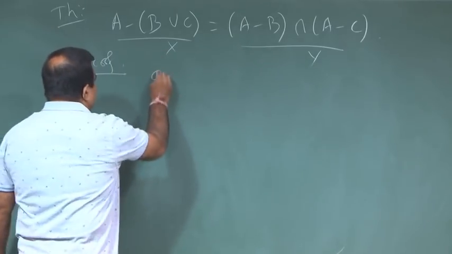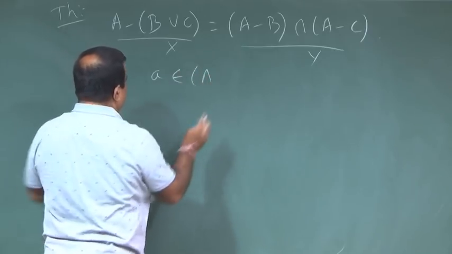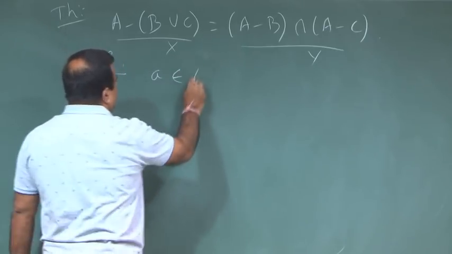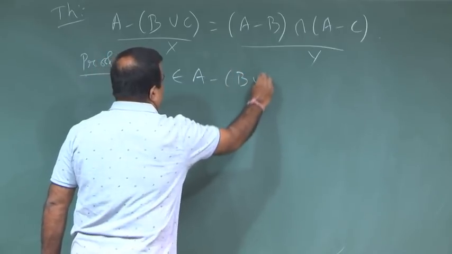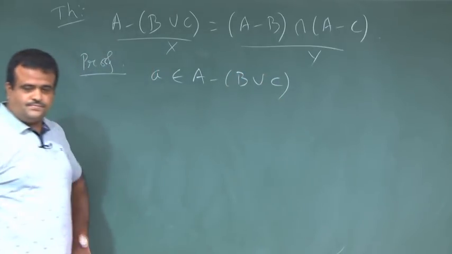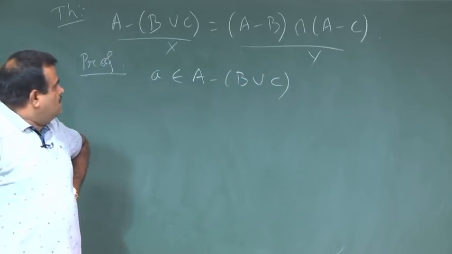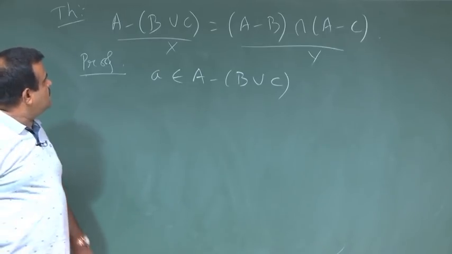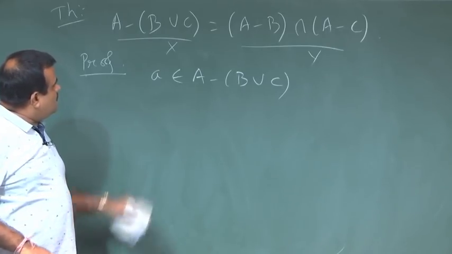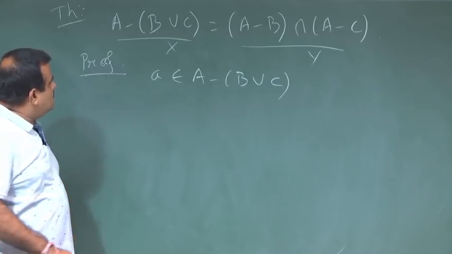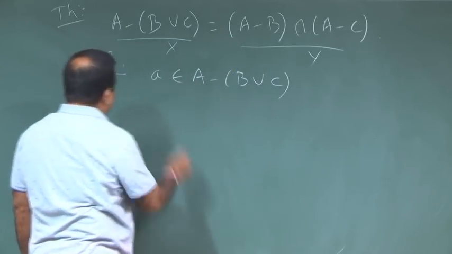Okay, so, let us take an element from this set. This set is A minus B union C. Now we have to show that this is an element of this set also. So, let us try that.